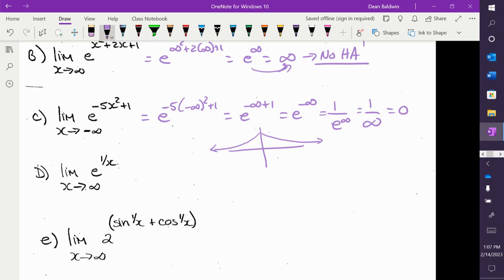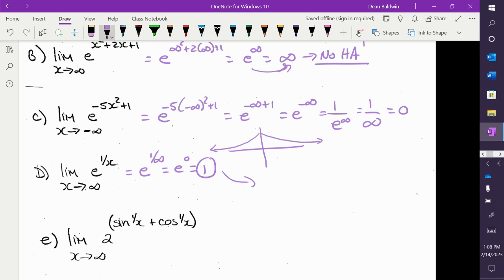All right, can you tell me what D is? You're not allowed to answer. So if I put infinity into D, what's 1 over infinity? 0. Any base to the power of 0 is 1. You want to know what that graph looks like?